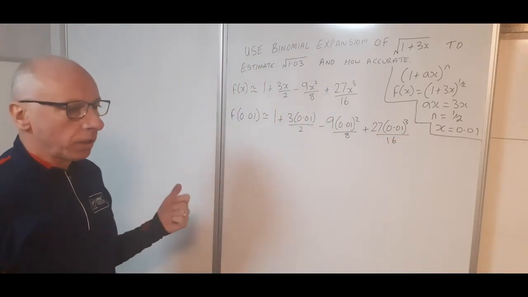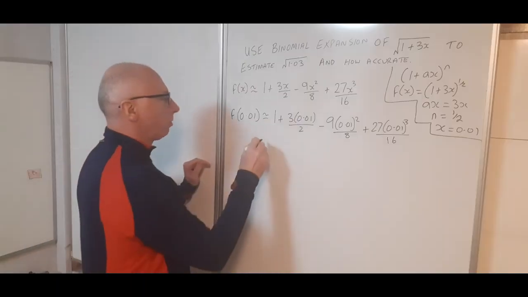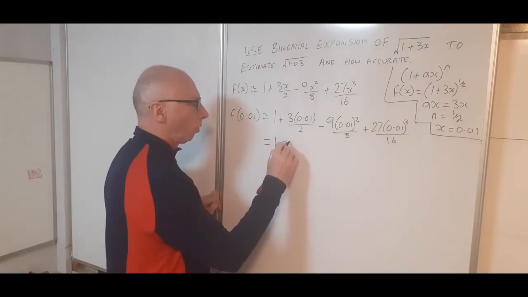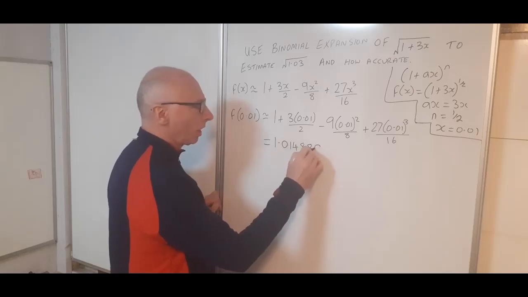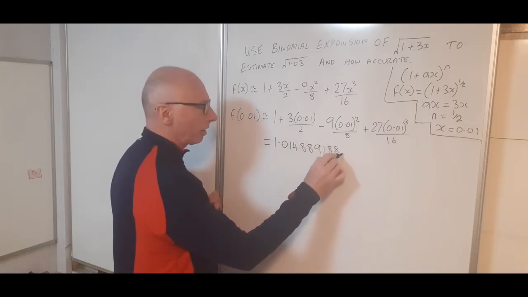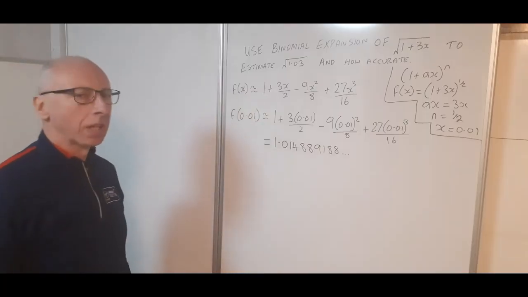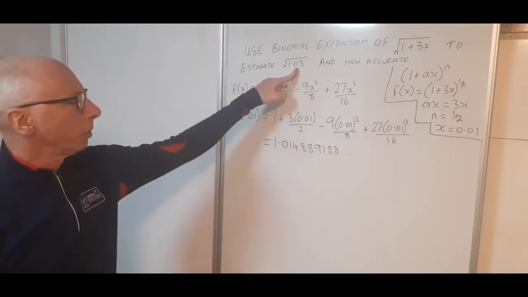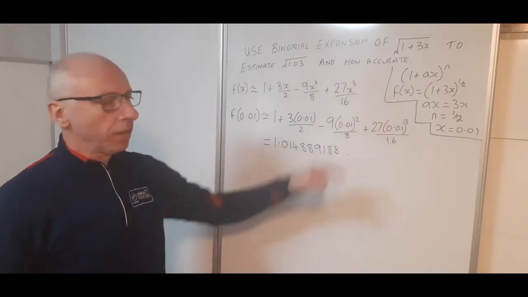Okay, now all I do is put this through my calculator, and this will come to 1.014889188 and a few more digits that you can put in if you wish. So that's what this will estimate this square root term to be. Now, what I want to do is find out how accurate that is.